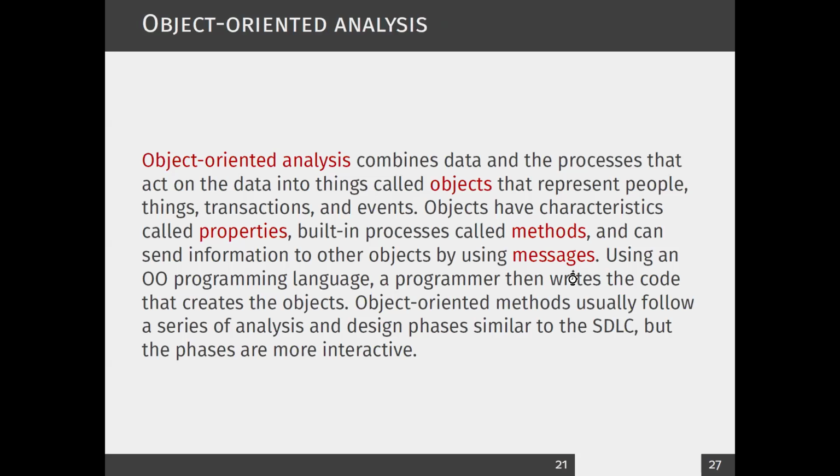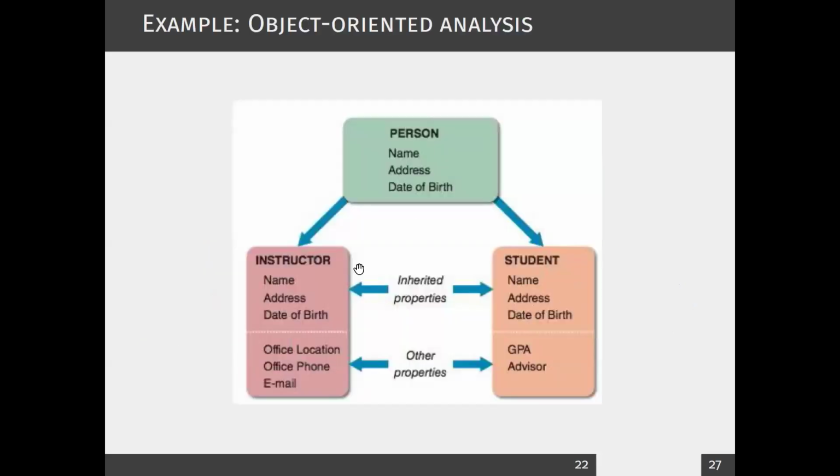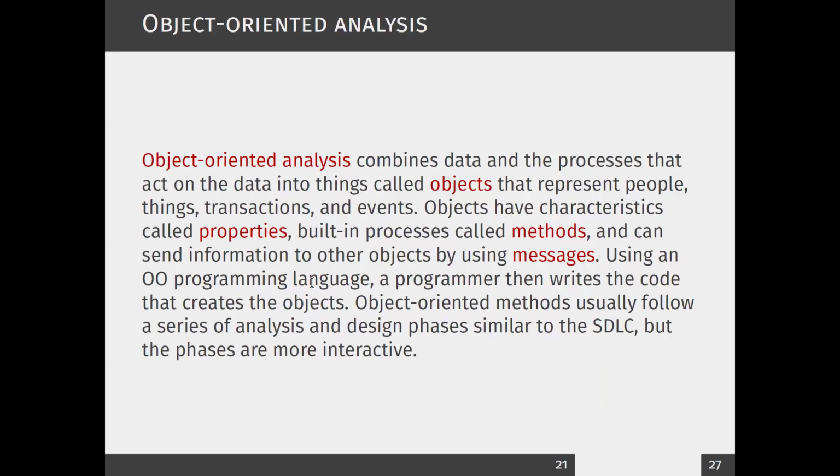Right, that's about structured analysis. That means traditional software development. The second one we call object-oriented analysis, in which we see everything as objects. So for example, in a university environment, we can see lecturer objects and student objects.